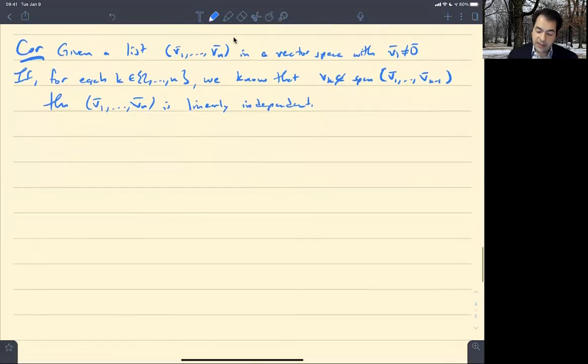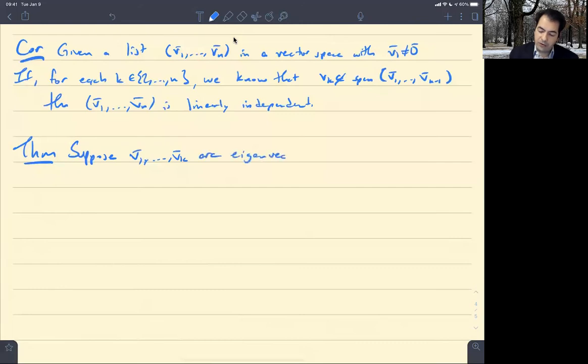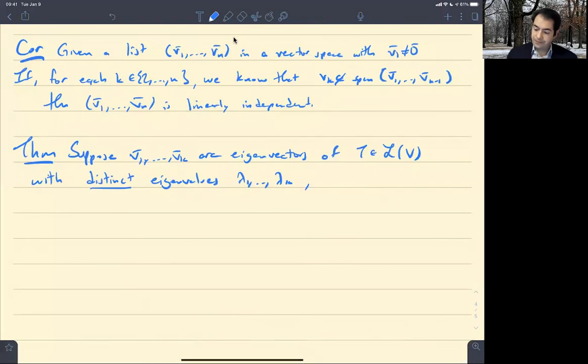Okay, so let's see an example of how you use this. Here's a theorem. This is a really fun theorem. Suppose that we have v1 through vk are eigenvectors of a linear map with distinct eigenvalues, so lambda 1 through lambda k, respectively.